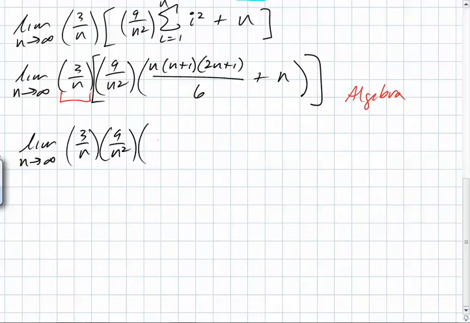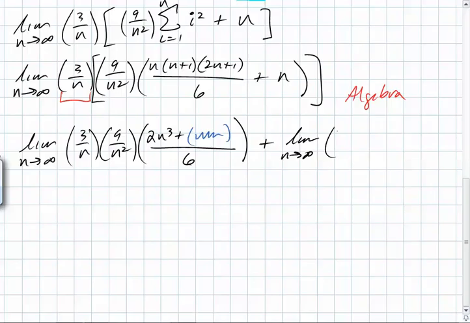We are interested in the leading coefficient, but we want the highest powered term, right? So what is this going to be? 2n to the what, plus whatever, right? Do you understand why that's okay? It's all over 6 plus, there's another limit here. I'm doing 2 limits here. So the limit as n goes to infinity of 3 over n times what? Times n, yeah.